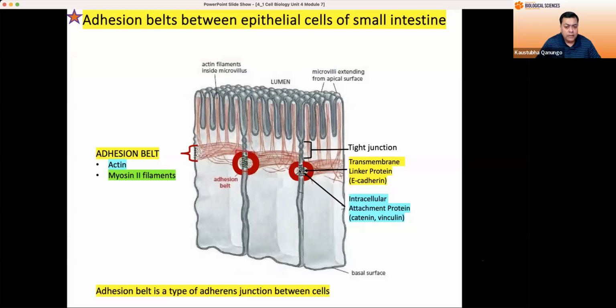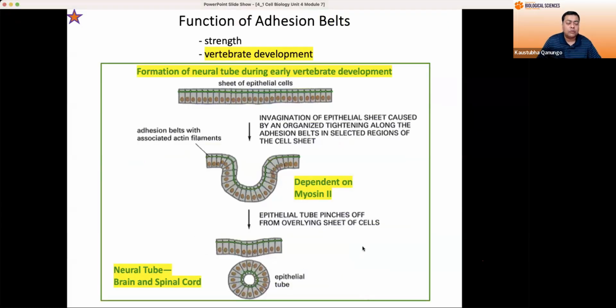And then you have the intracellular attachment proteins, catenin and vinculin, which are associated. That's all you need. The important thing is that in the adhesion belt, the actin-based motor protein myosin 2 is also associated with it. And we'll see that it actually plays a tremendous role in vertebrate development.